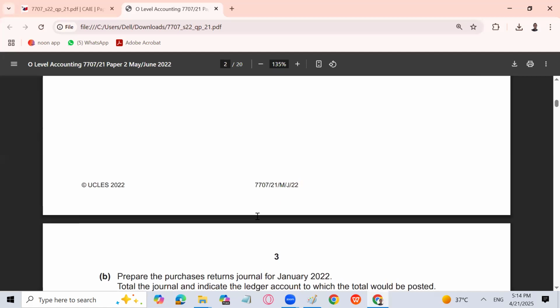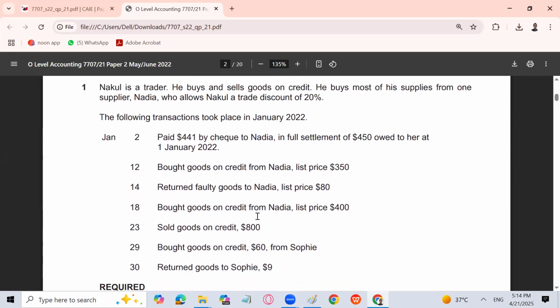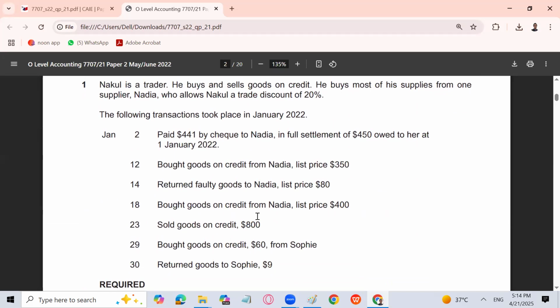So let's go back and see how many transactions are related with Nadia. First of all, as I discussed with you earlier, you can write it down also for yourself.